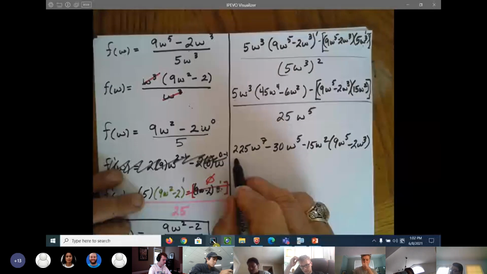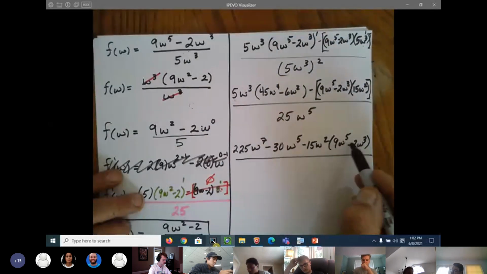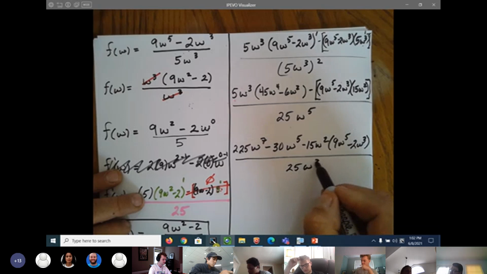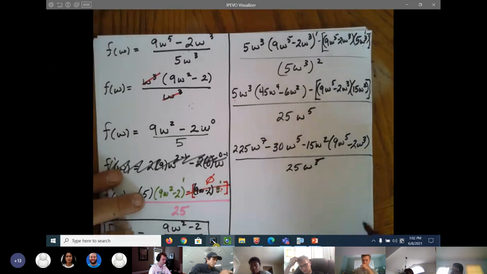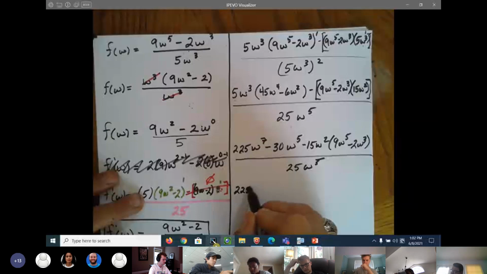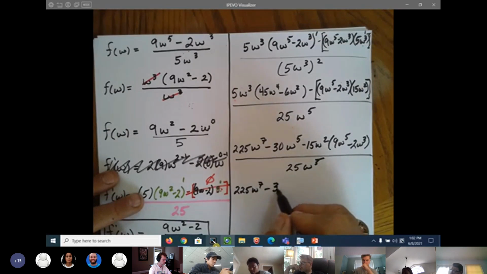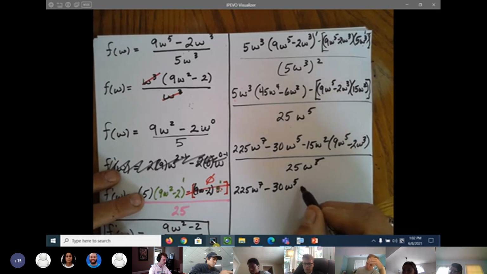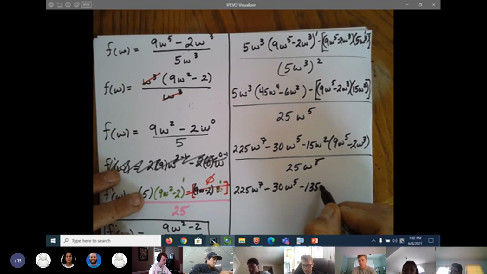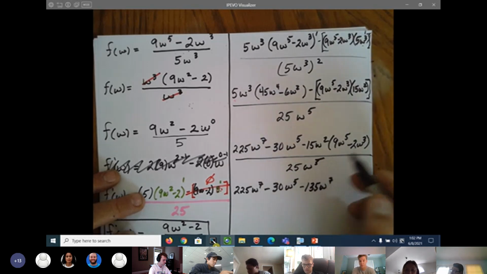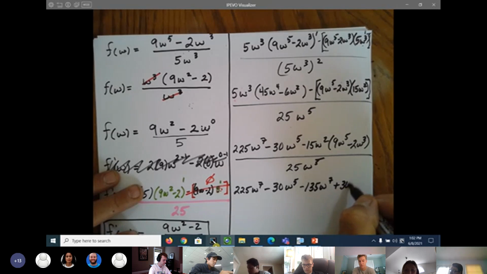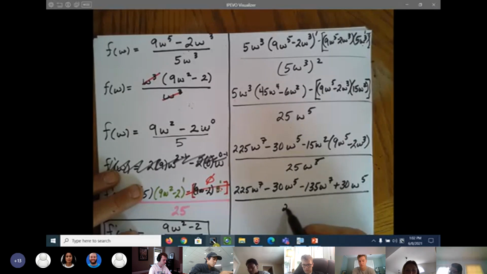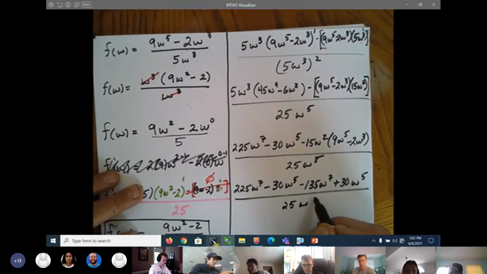I just rewrote that because I got to distribute that 15 with those. And that's going to be 225w to the 7th minus 30w to the 5th, minus 135w to the 7th plus 30w to the 5th, over 25w to the 5th.